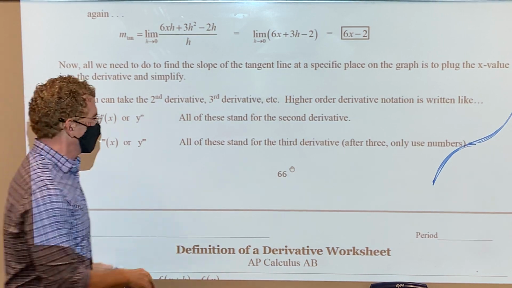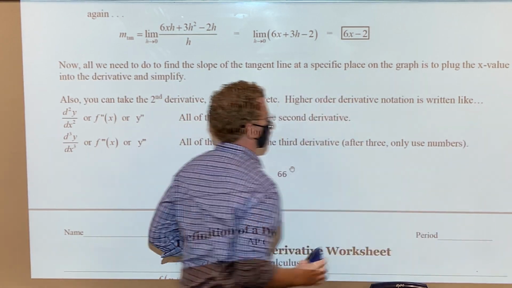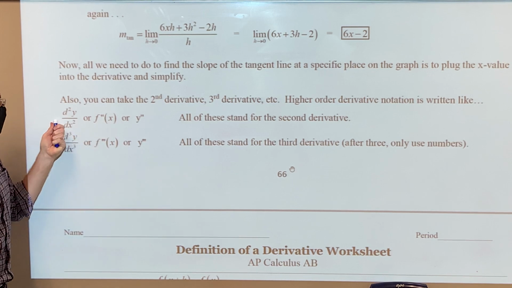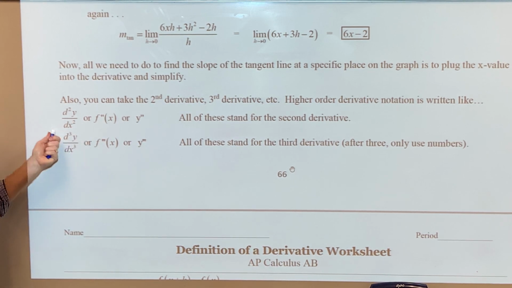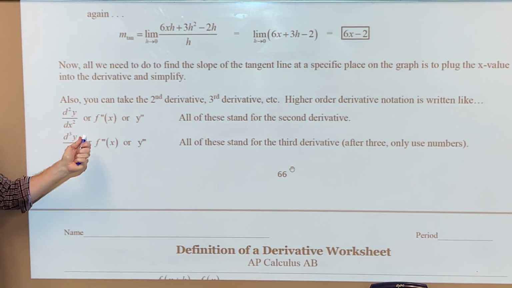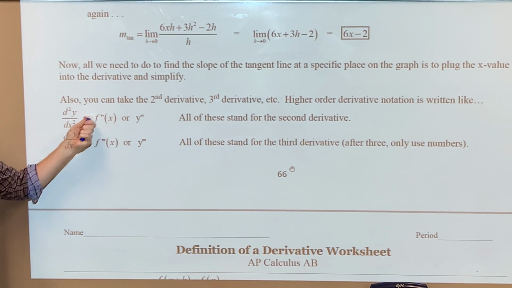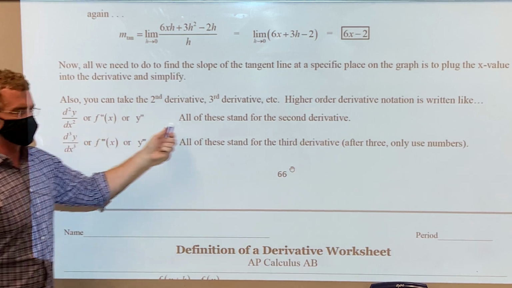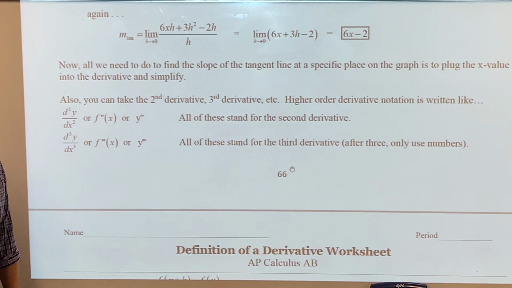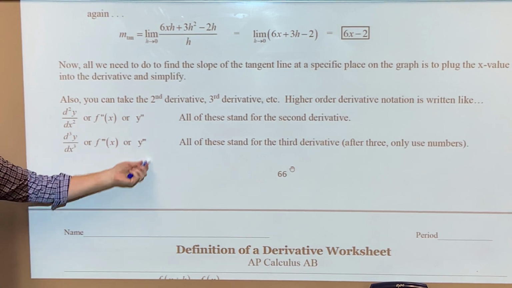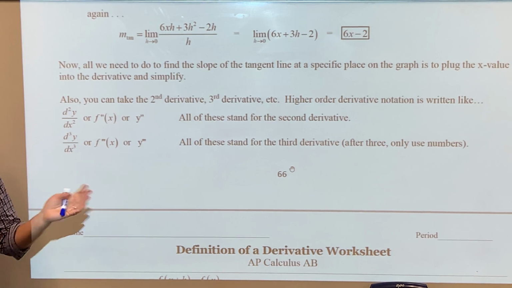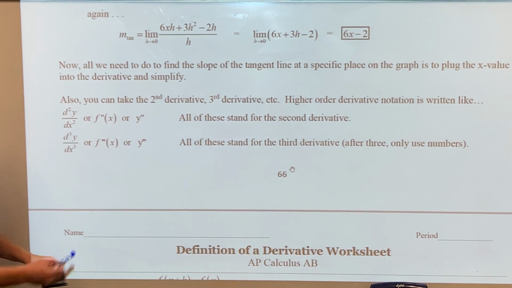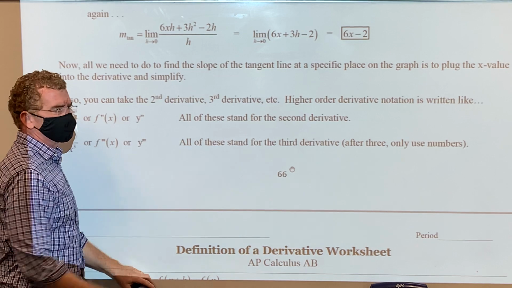Doesn't matter right now, but just know that if you ever see these expressions, instead of y prime, or instead of dy dx, if you see d2y over dx squared, or instead of seeing f prime, you see f double prime, or instead of y prime, you see y double prime. That just means the second derivative. And you can have as many derivatives as you want, although in this class we won't get into what the third derivative or the fourth derivative or anything means. But the second derivative is as much as we do.